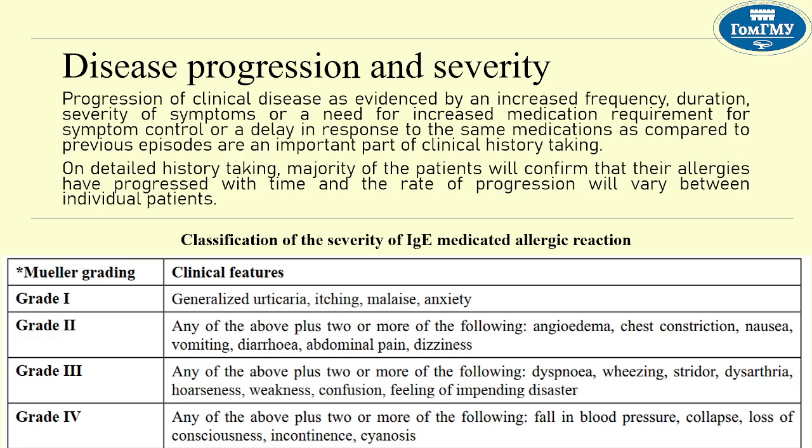Grade 3: any of the above plus 2 or more of the following: dyspnoea, wheezing, stridor, dysarthria, hoarseness, weakness, confusion, feeling of impending disaster. Grade 4: any of the above plus 2 or more of the following: fall in blood pressure, collapse, loss of consciousness, incontinence, cyanosis.